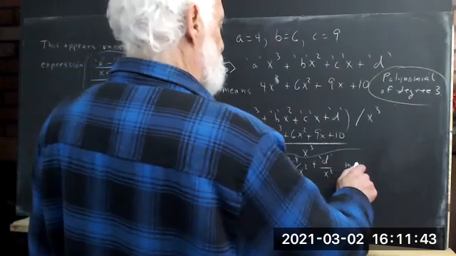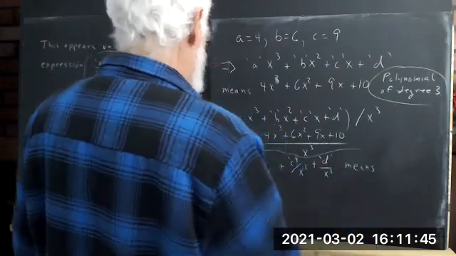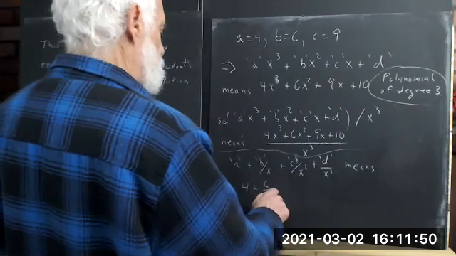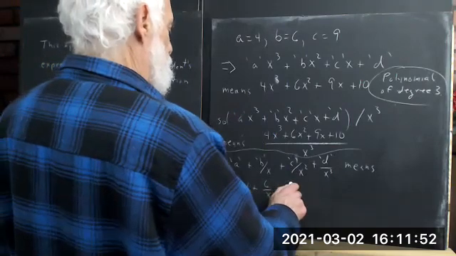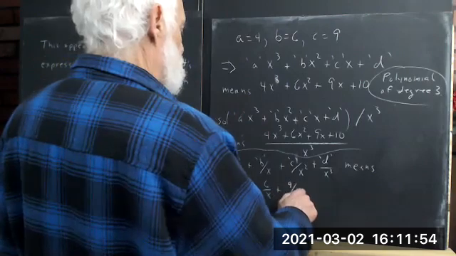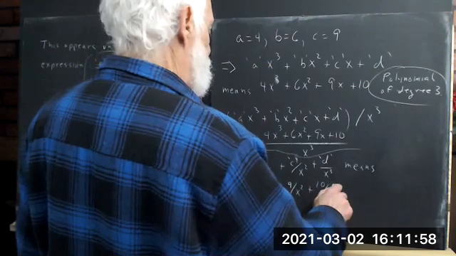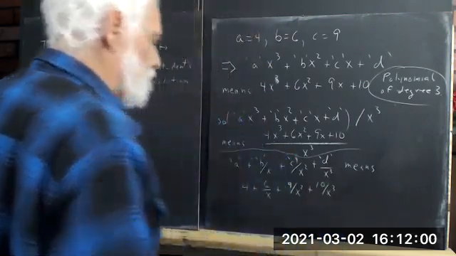This means 4 plus 6 over x plus 9 over x squared plus 10 over x cubed.